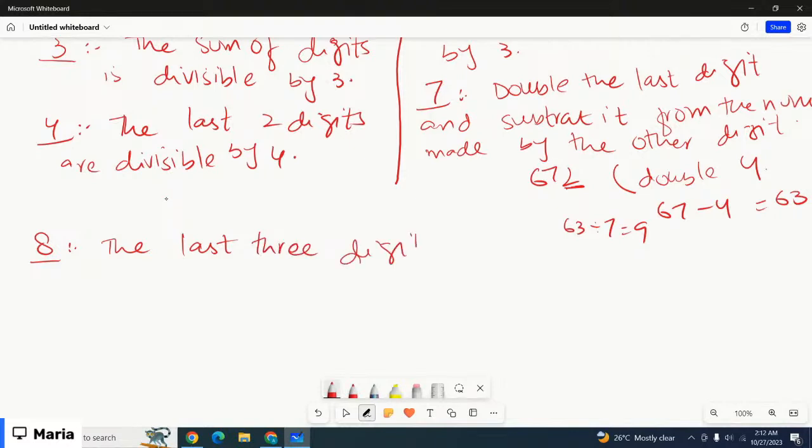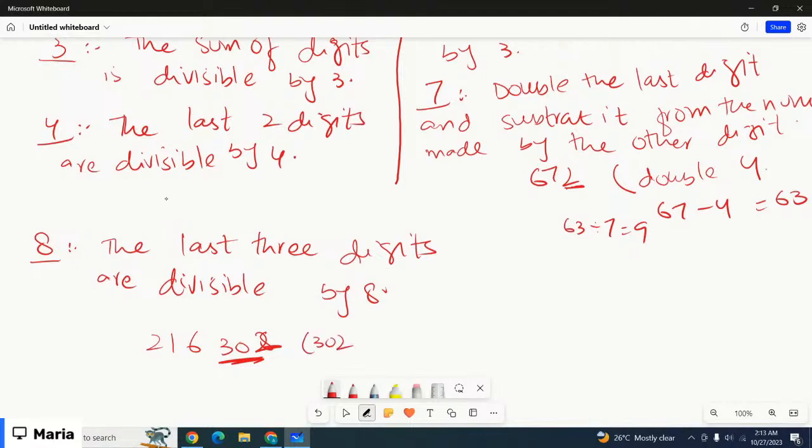The last three digits are 302, right? Just check if 302 is divisible by 8. I think no, 302 is not divisible by 8. That means no, 216302 is not divisible by 8, right?